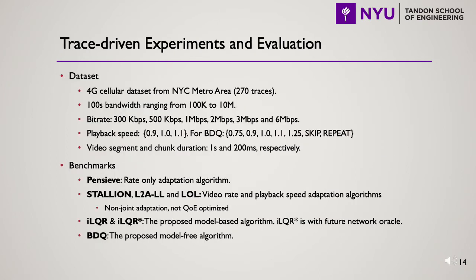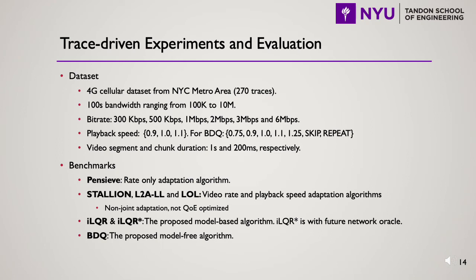To train the model-free reinforcement learning agent, we use a 4G cellular dataset with 270 traces. We assume 6 available video rates and 3 possible playback speeds are provided. For BDQ, benefiting from the branching architecture, 7 levels of playback speeds are utilized.